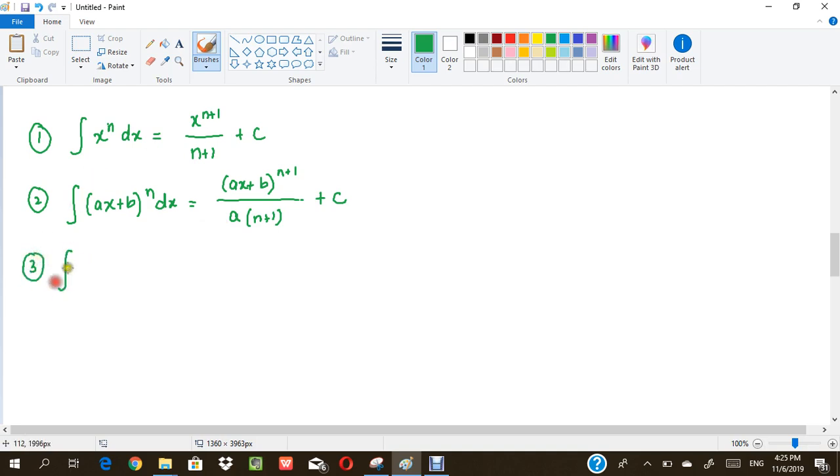Then the integral of cos(ax + b) would be 1 upon a followed by sine.